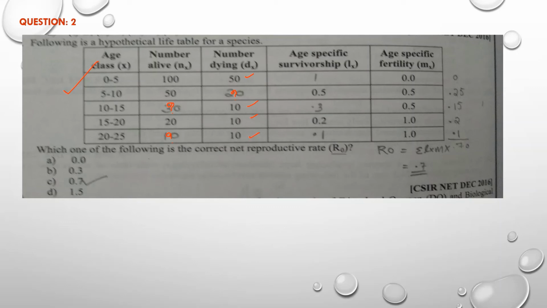Next Lx: 0 to 5 missing, we have to find; 5 to 10, 0.5; 10 to 15, we have to find; 15 to 20, 0.2; 20 to 25 missing, we have to find that. Mx values are given: 0 to 5, 0; 5 to 10, 0.5; 10 to 15, 0.5; 15 to 20, 1; 20 to 25, 1.